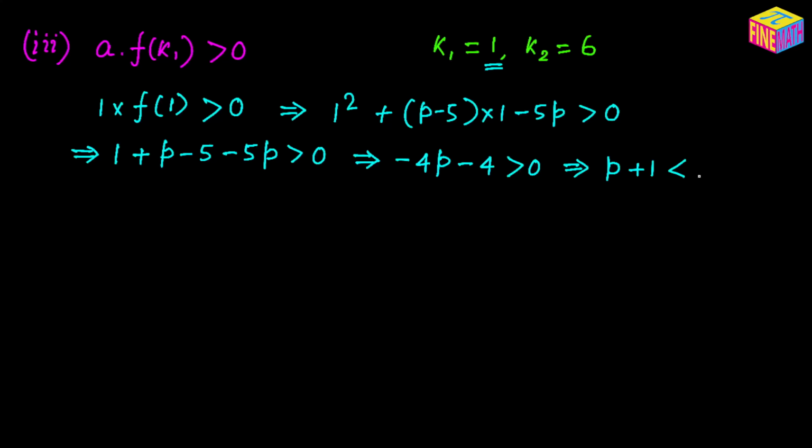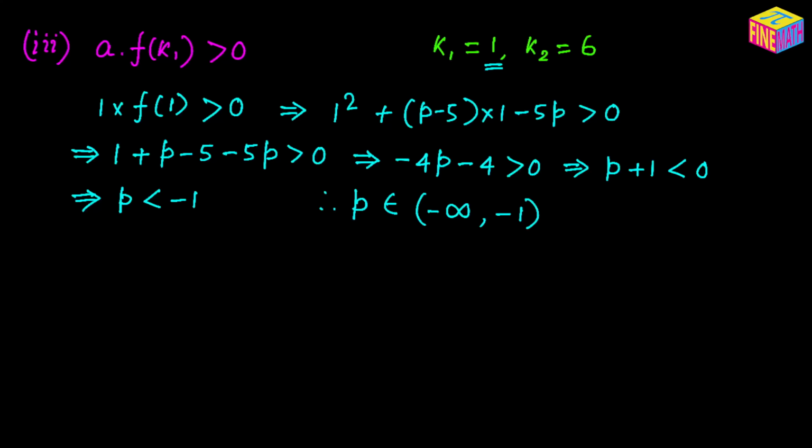That will be less than 0 divided by negative 4. That will be 0. So then from here we can say, well, looks like p has to be less than negative 1. So p is actually now less than negative 1. That means p will belong to the set of numbers between negative infinity and negative 1.